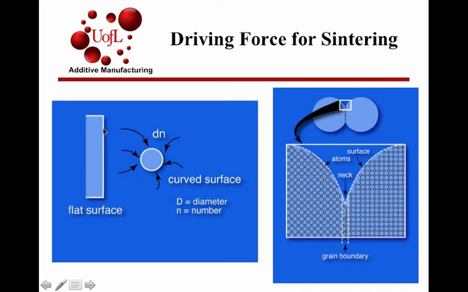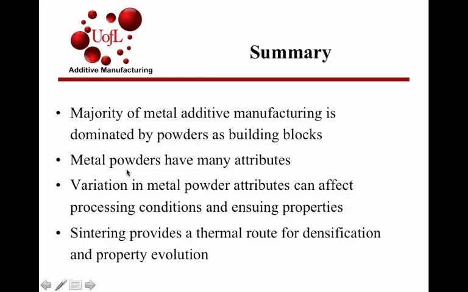So you end up having these thin regions, and so densification is a little bit more complicated under those conditions. These phenomena are beginning to get well studied in the traditional sintering arena, and now we have an opportunity to extend those to further our understanding of 3D printing phenomena.